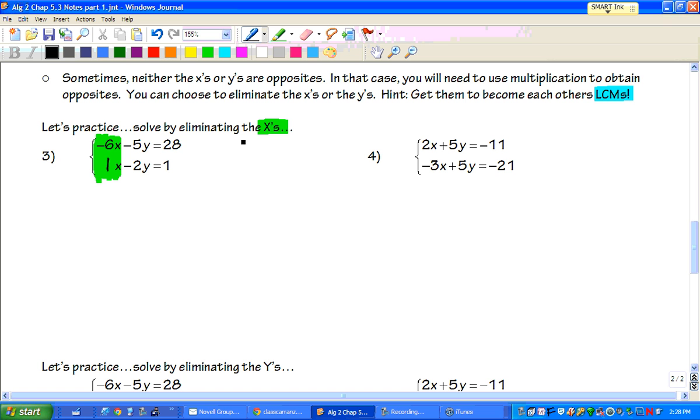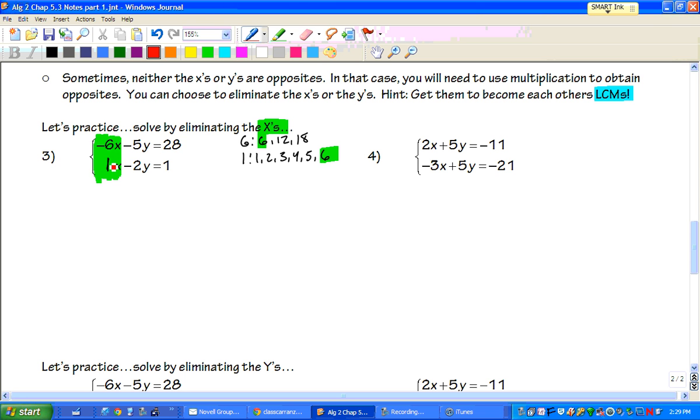Now, to find the least common multiple, we would just list the numbers out. 1, 2, 3, 4, 5, 6. The lowest is 6. So the top is already 6.